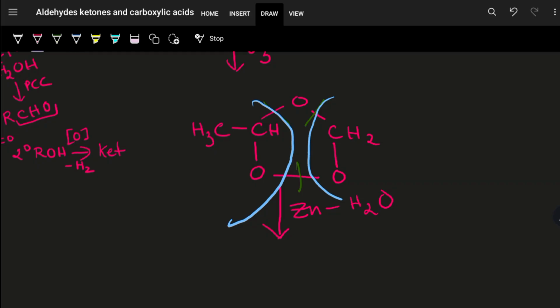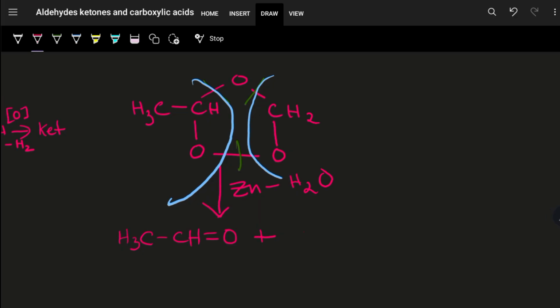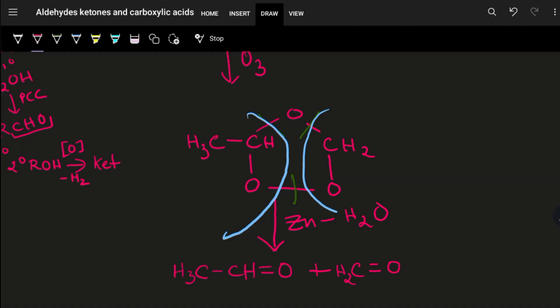I am getting CH3CHO. So I can write CH3CH double bonded O, that is acetaldehyde, plus CH2 double bonded O, which is formaldehyde, HCHO. So these are the two ozonolysis products.